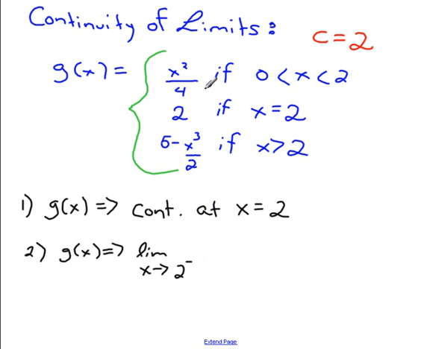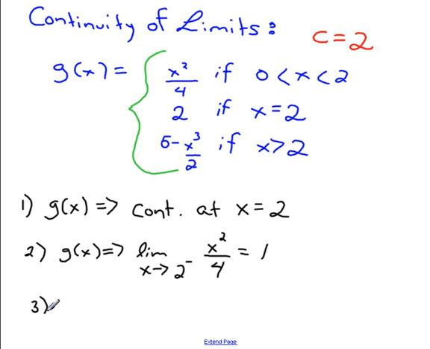So we have to come up here and say, is it this one or is it that one? Well, from the left-hand side will not be greater than 2. It'll obviously be less than 2. So we choose this one. So that's where we plug this in. And all we do now is plug in our limit. So what do we get? We will get 1. 2 squared over 4 is 1.